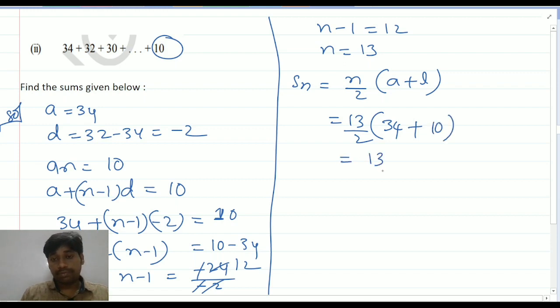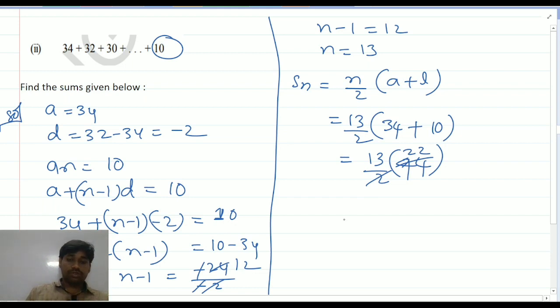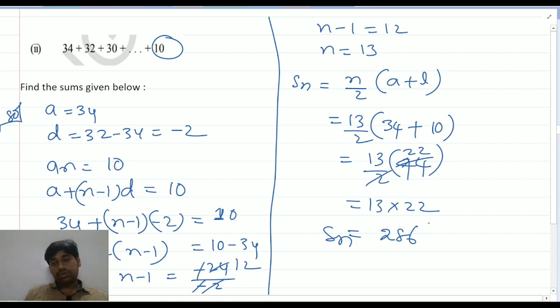So 13 upon 2 of 44. It is 22. So 13 22s are 286. So this is the answer.